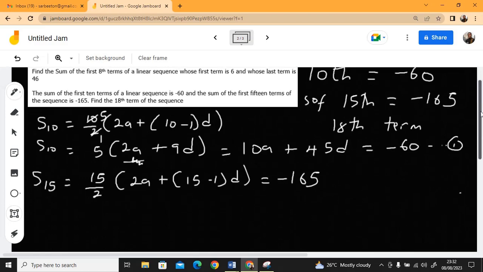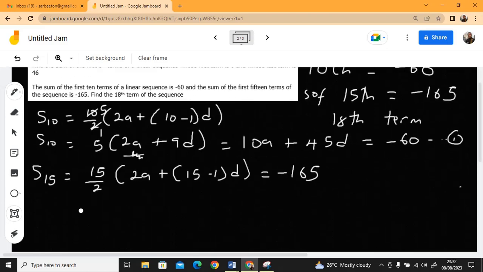Now let me show you something here. If I want to do this, I will have 15 over 2, open the bracket, 2a plus 15 minus 1, which is 14, so 14d, equals minus 165. Because of these two, I don't want to make this in decimal points.